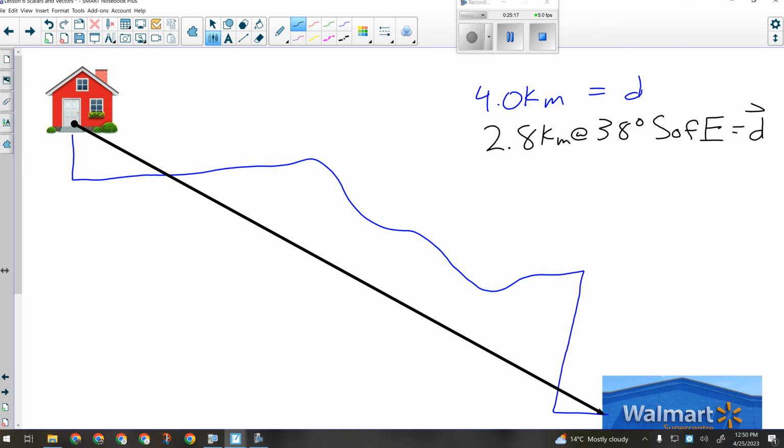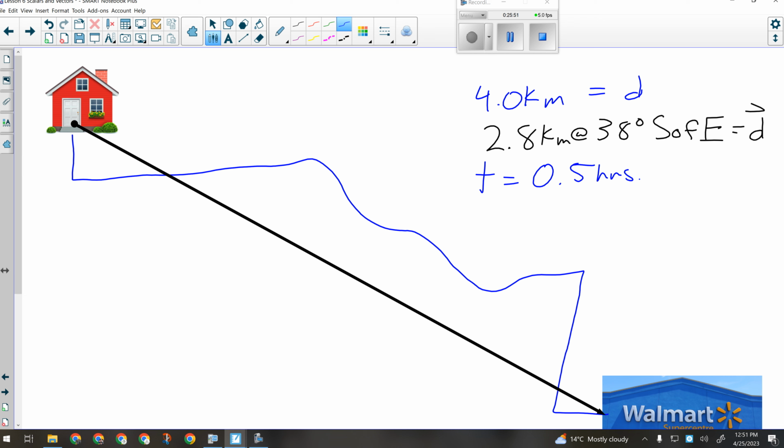All right, let's say it took me a half an hour to walk to Walmart. So that is going to be a time. How fast did I walk? Went 4 kilometers in half an hour.